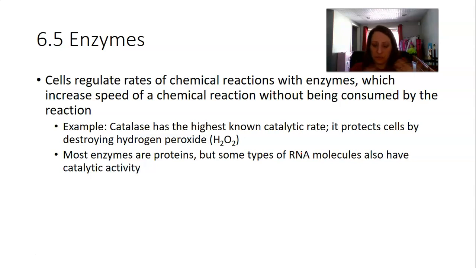And then those bonds will be broken and water and oxygen will be then released from the catalase enzyme. Okay, so catalase is the enzyme that we're going to be studying in the lab. It has the highest known catalytic rate. Its job is to break down this toxic molecule called hydrogen peroxide, H2O2.